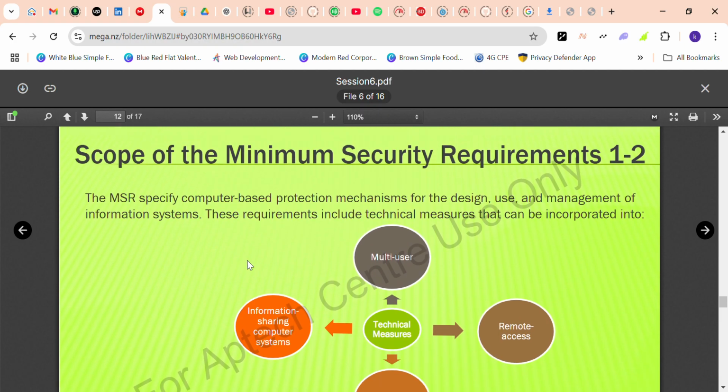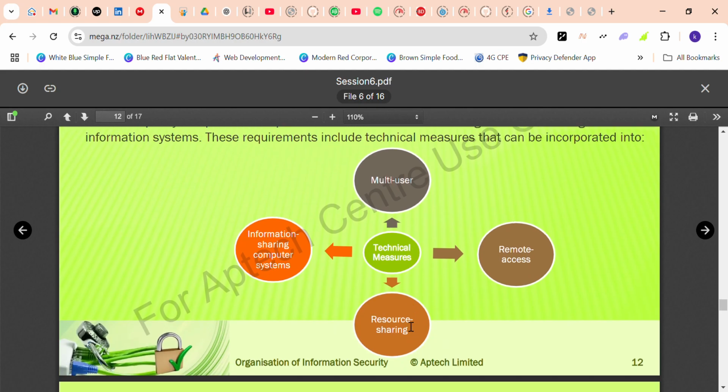So, the scope of minimum security requirements. We have the MSR, which is the minimum security requirement, specifying computer-based protection mechanisms for the design, use, and management of information systems. These requirements include technical measures that can be incorporated into multi-user, remote access, resource sharing, and information sharing computer systems.